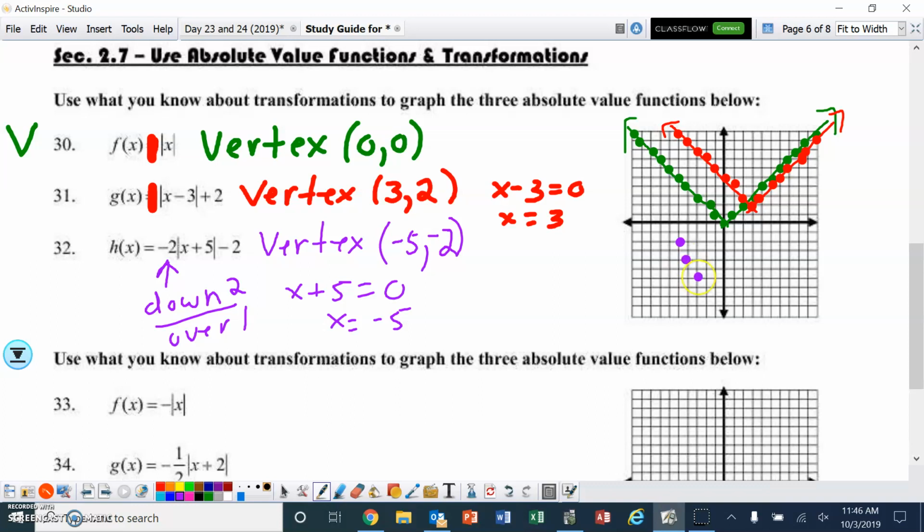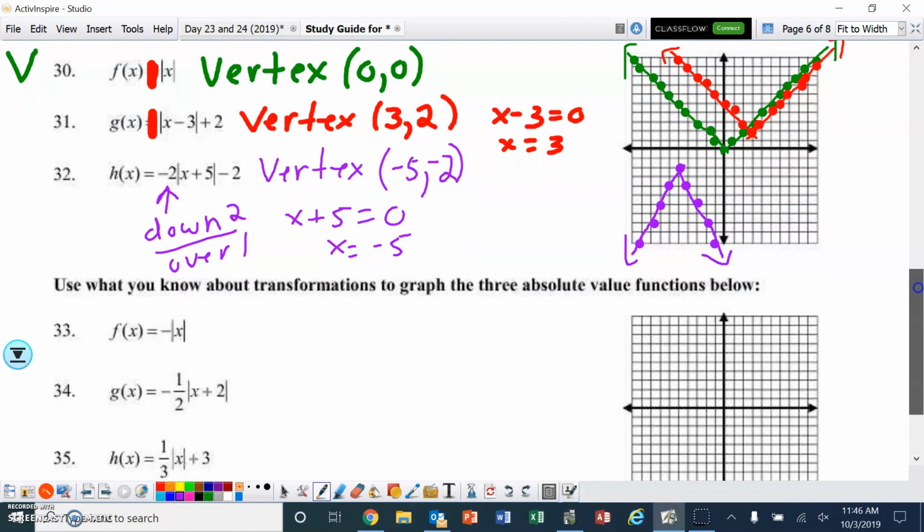Down 2 over 1. Okay, and then in the other direction, down 2 over 1. Okay, again, they're a little bit crooked. And draw your line through the dots. And there is the graph for negative 2 times the absolute value of x plus 5 minus 2.